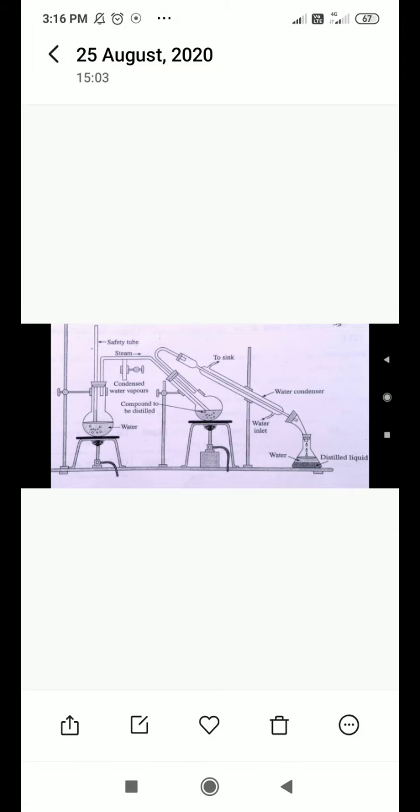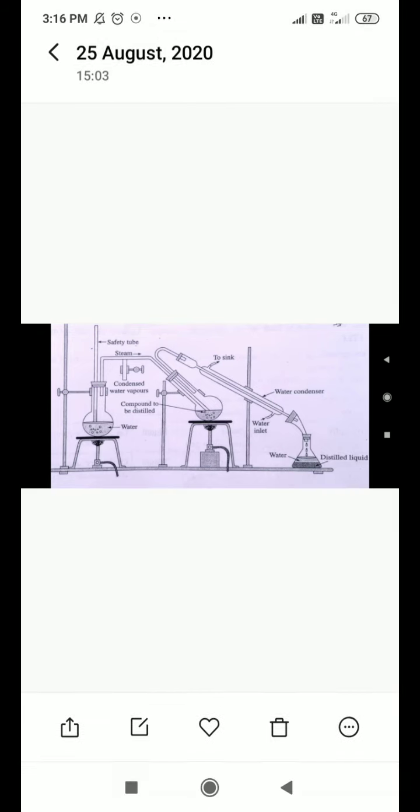After that, when the total vapor pressure of those compounds becomes equal to the atmospheric pressure, it starts producing vapors, and those vapors pass through the condenser, and the condensed liquid is collected in the collector.